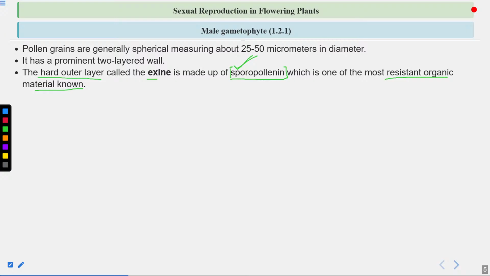The chemical constituents of the sporopollenin: first, long chain fatty acids. Second, phenylpropanoids and phenols, along with a small amount of carotenoids. So four things are there. Again, I'm repeating: sporopollenin is made up of long chain fatty acids.